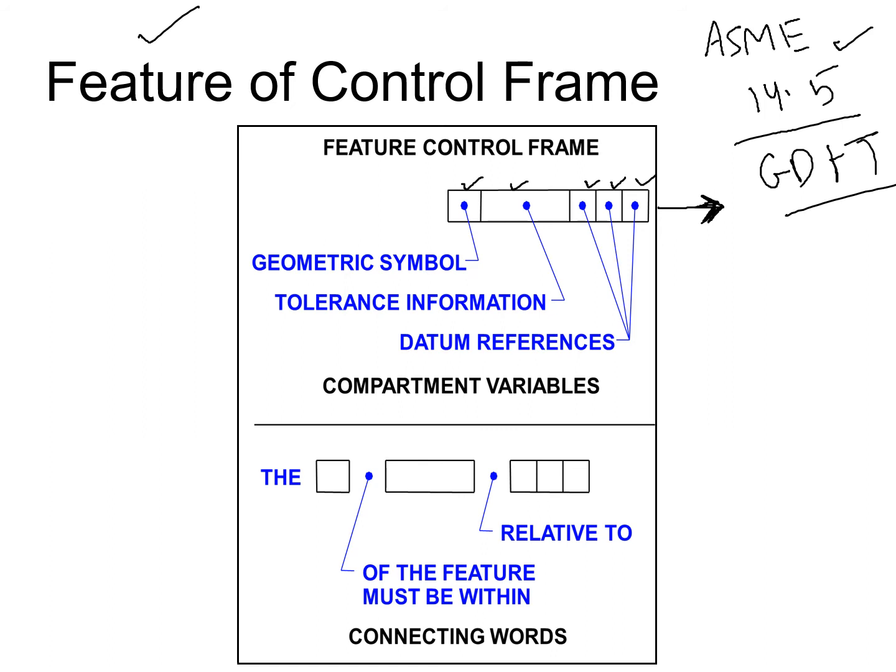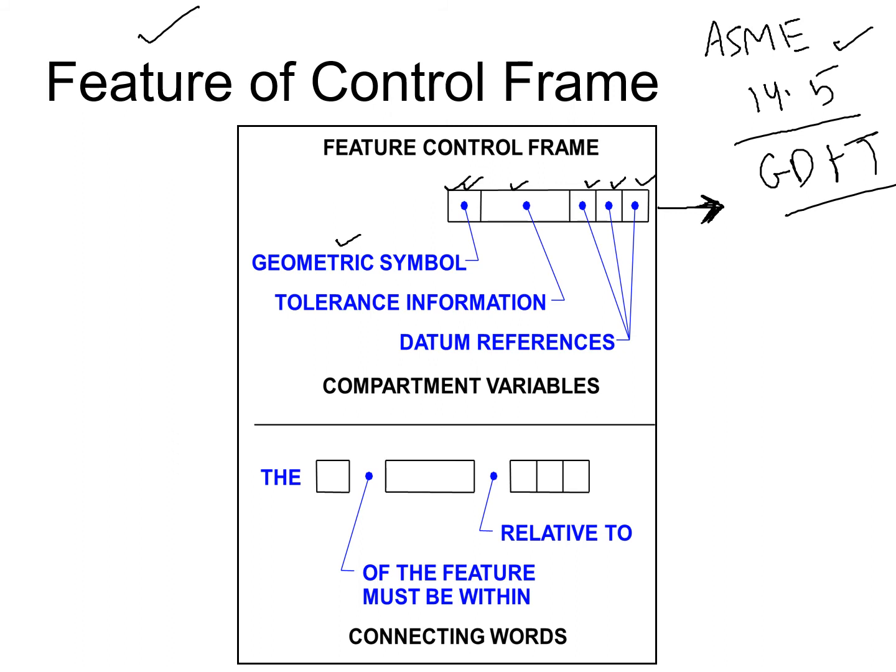So in the leftmost box right here, the geometric symbol will be present, telling what type of tolerance we are talking about. It can be flatness, straightness, circularity, position, parallelism, or whatever type of GD&T it can be.